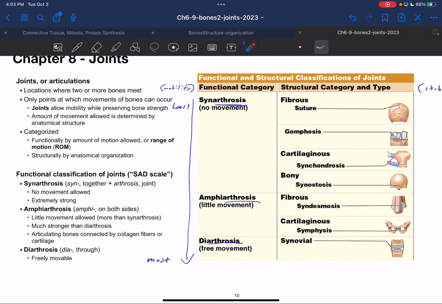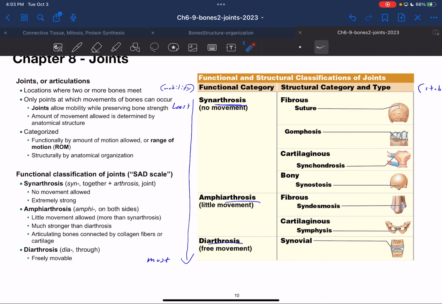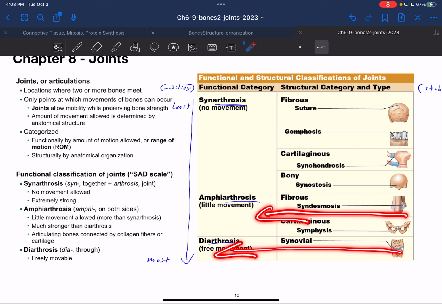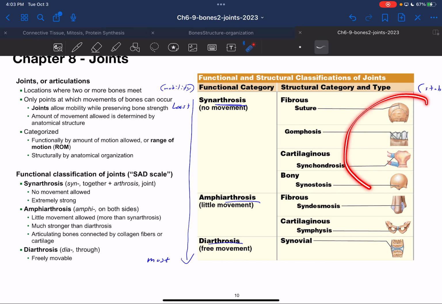I call this a scale because no matter what joint you're looking at, if you're comparing them, they're going along a mobility scale where this one is the most mobile. These are somewhat mobile. And then these here have little to no movement, essentially no movement, really. And so all of these can be classified functionally.